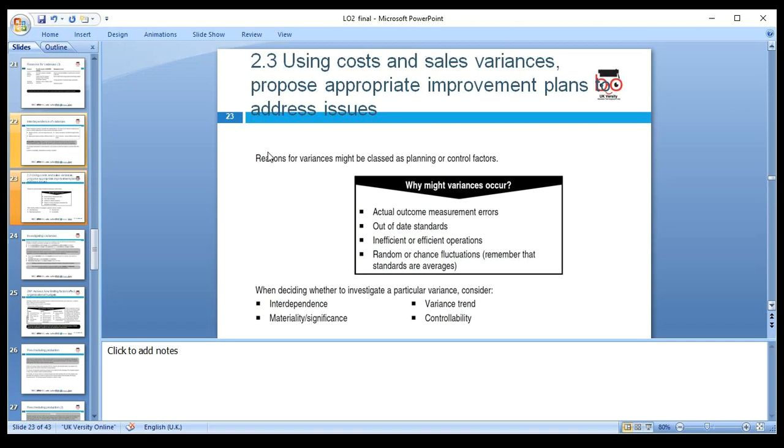If you have poor labor with no skills, they can waste more material. You have good quality material, but the labor is low skilled, so it's no point. You should have highly skilled labor and good quality material. Of course the cost can go up, but the quality will improve. Materiality means significance. Look at the variance trend, why this is happening, and controllability, how you can take corrective action.